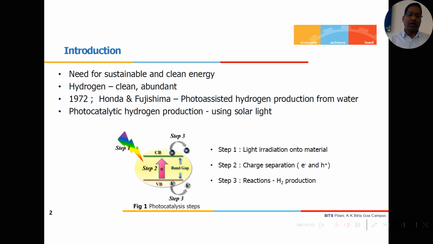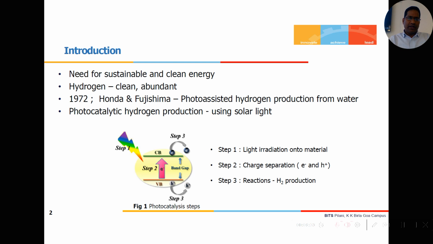Of course, the energy required will depend on the band gap, or the distance between the valence band and the conduction band. And once the electron jumps to the conduction band, if there is a reaction medium, it will take part in the water splitting reaction. So this is the basic process.